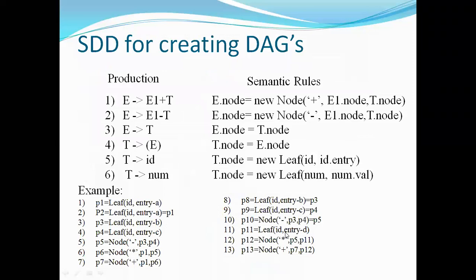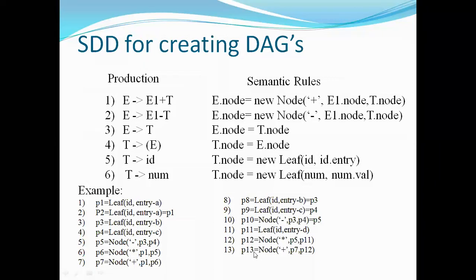Leaf of id, comma, entry D. And this D should be multiplied with B minus C. This B minus C was already stored in pointer P5, right? And this is P11 and this is P5. P12 is equal to node of star comma P5 consisting of B minus C, and P11 consisting of D. That means B minus C into D.